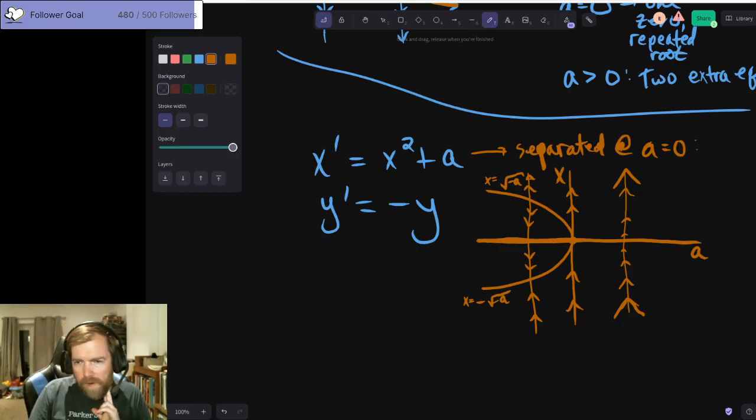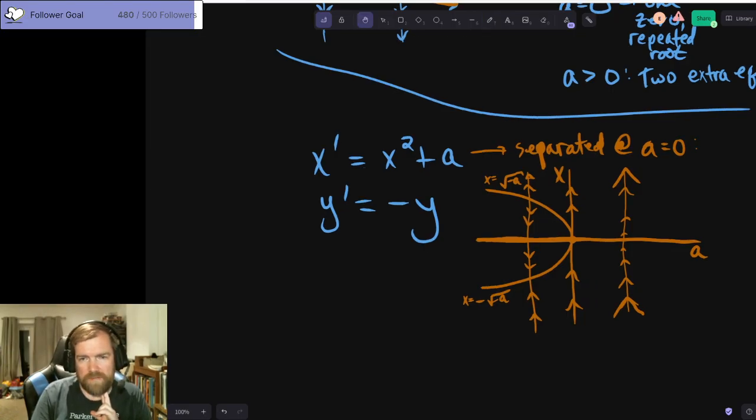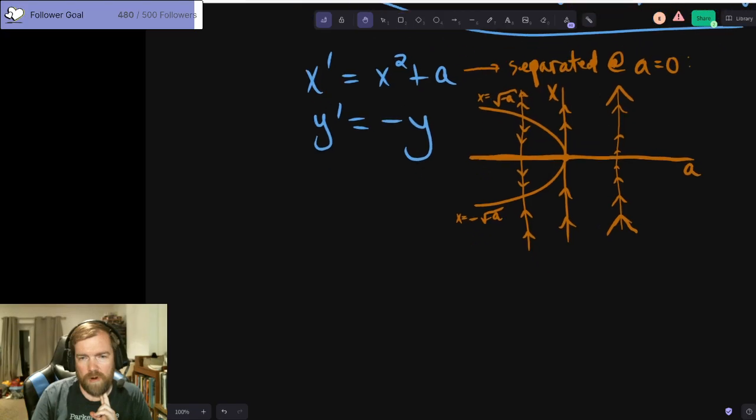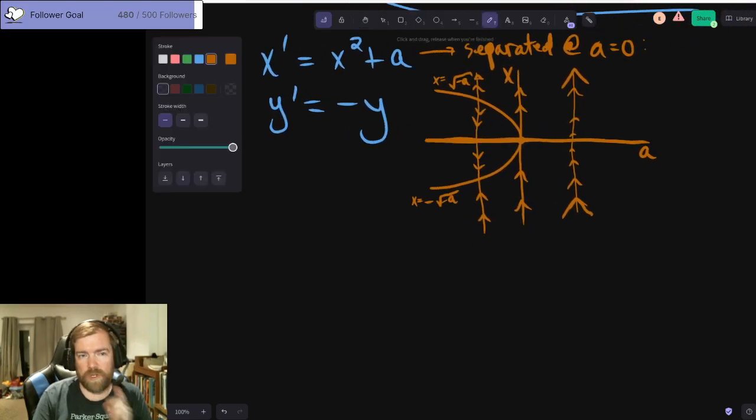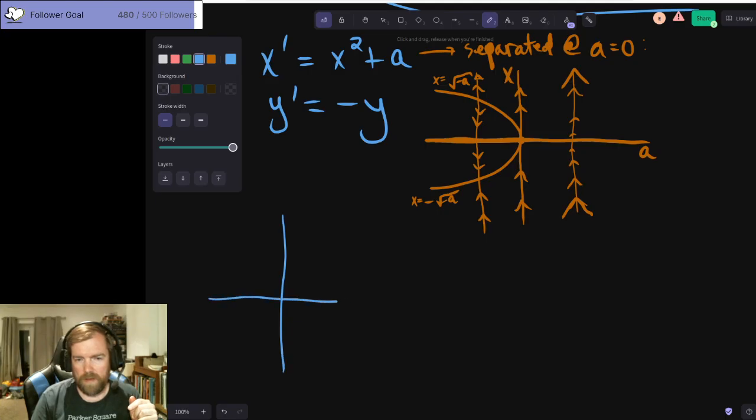Okay. So then this is going to produce actually different results for our overall phase plane, which is x versus y, or y versus x.